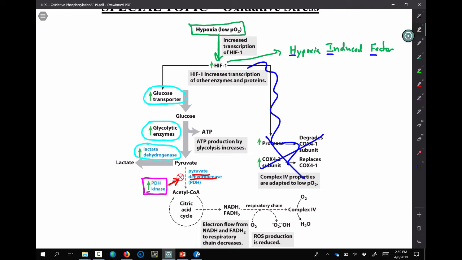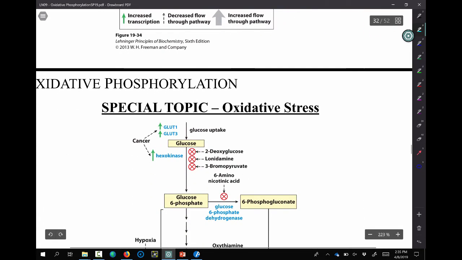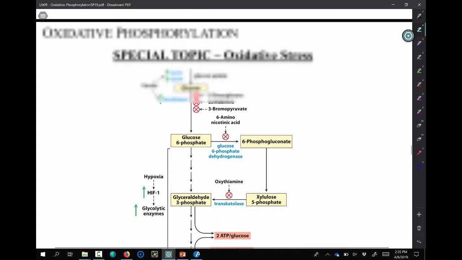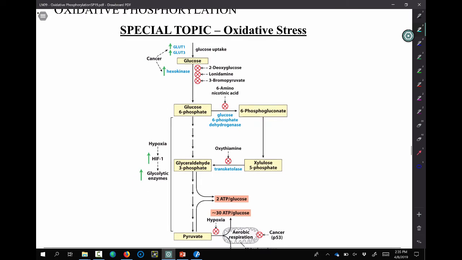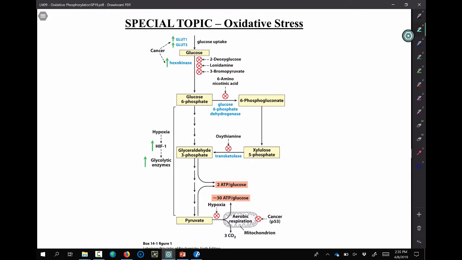Now let's step one step further in terms of cancer. This is really more cancer than oxidative stress, but there has been an attempt to inhibit everything that I just boxed in there.